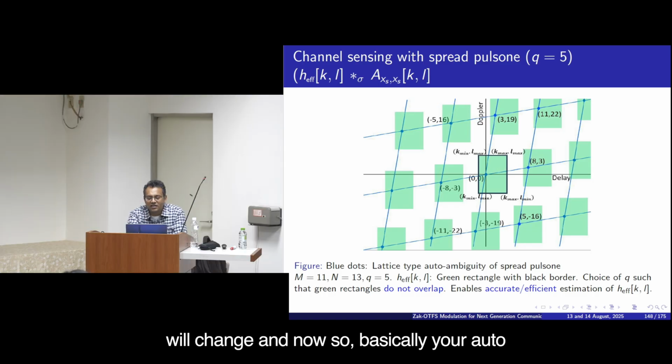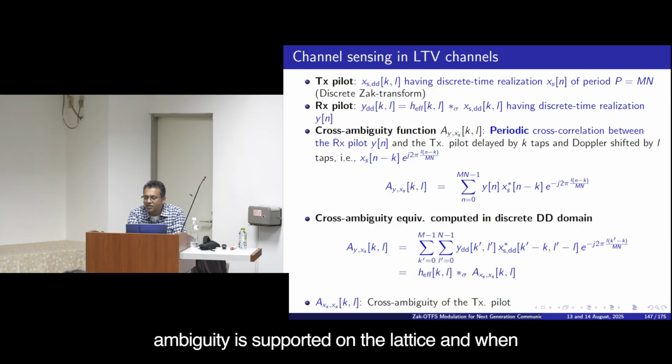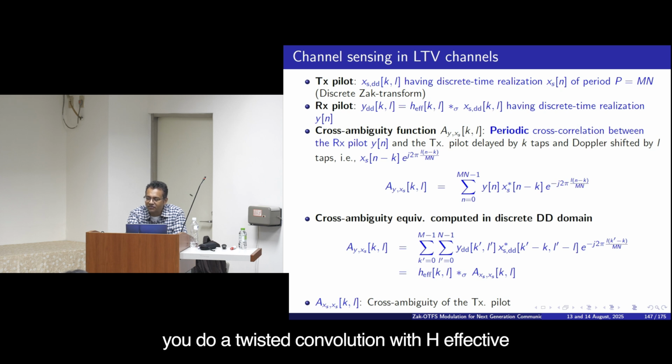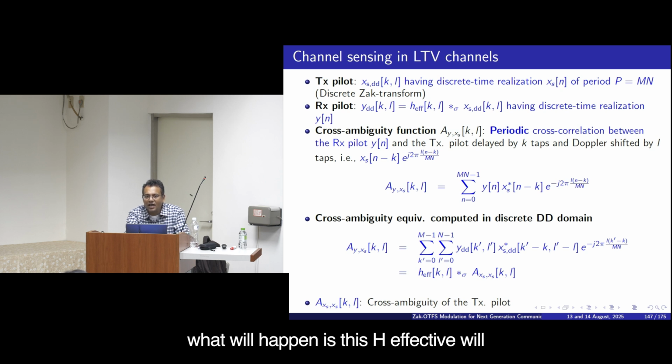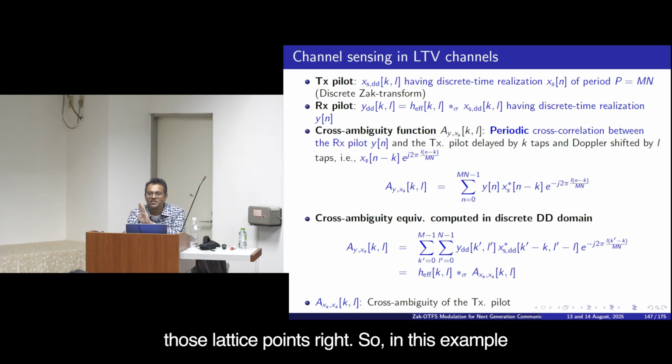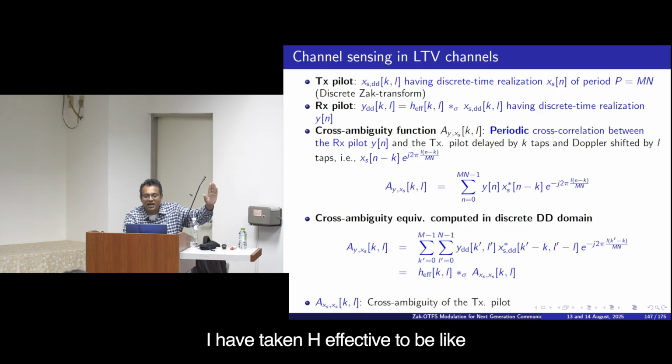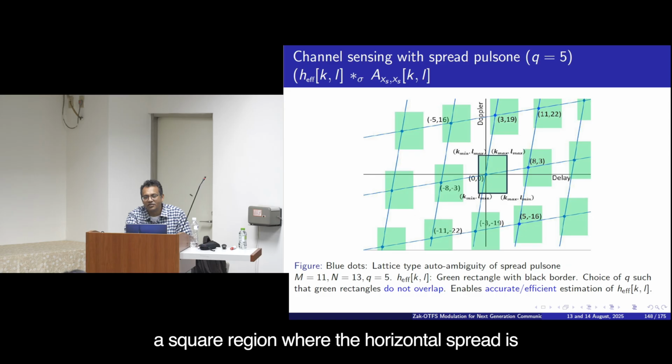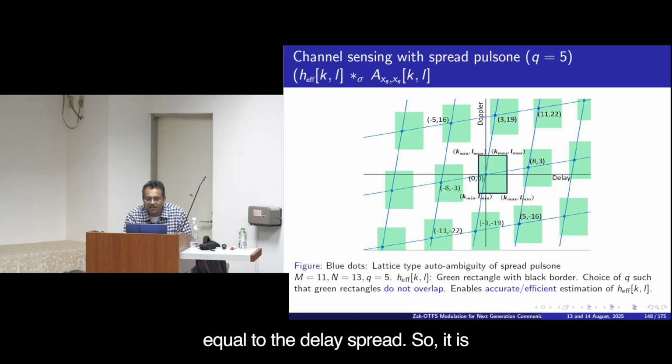Now basically your auto ambiguity is supported on the lattice, and when you do a twisted convolution with H effective, this H effective will go and sit on top of each of those lattice points. In this example I have taken H effective to be a square region, where the horizontal spread is equal to the delay spread.